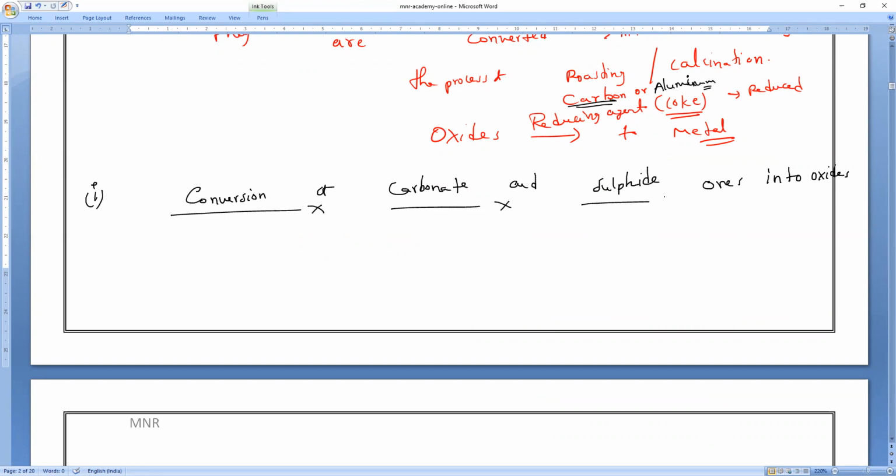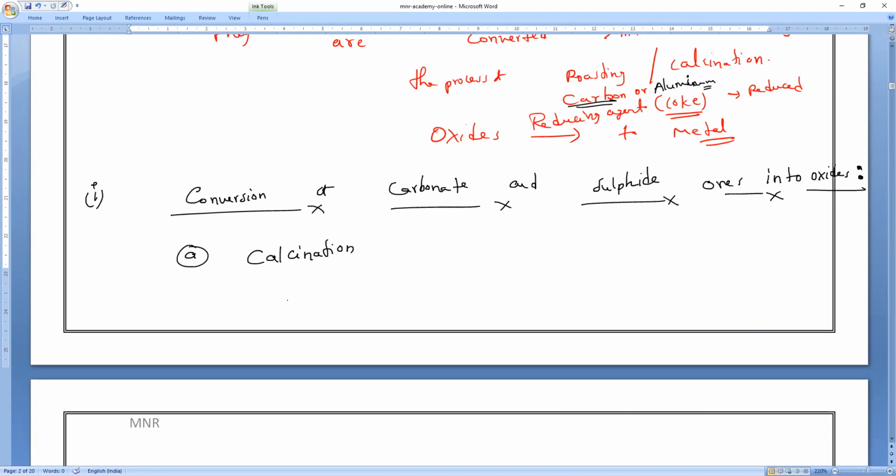So what is the first thing? First, conversion of carbonate. So what is the process? Carbonate means calcination or roasting? Calcination. Am I right or wrong?